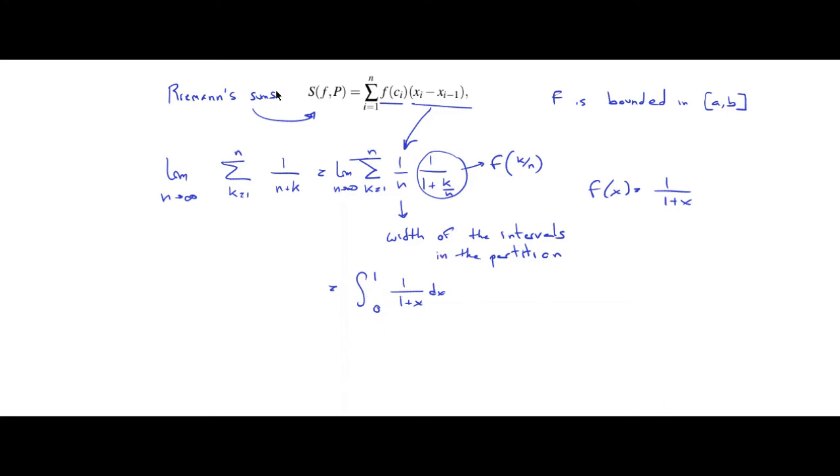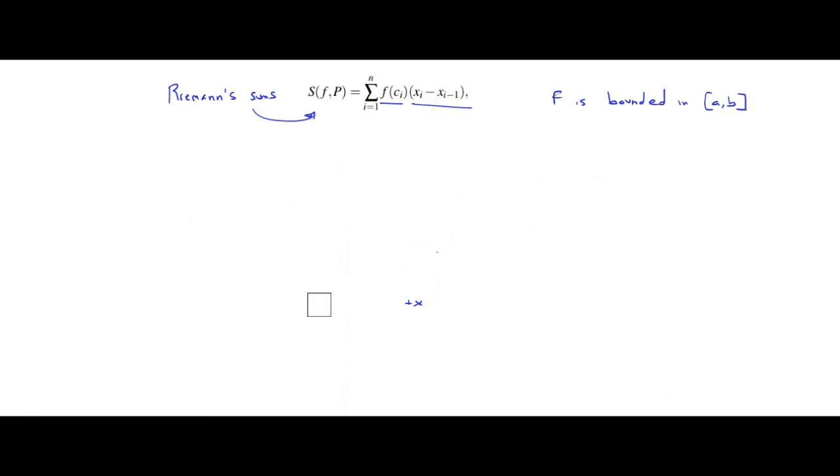Another example. We have the limit as n goes to infinity of the product from k equals 1 to n of (1 plus k over n) to the 1 over n.